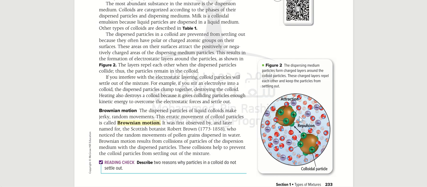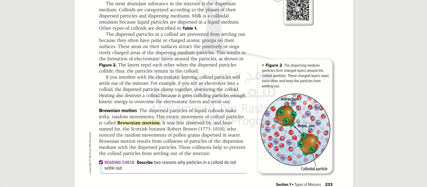But how to separate this mixture and make the particles separate away from the dispersion media? By breaking this electrostatic layer. How?